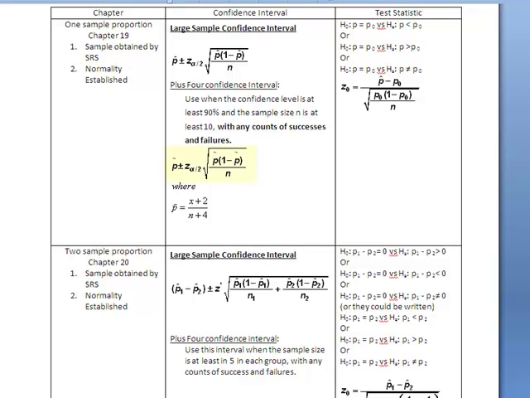And so we have our new statistic, p tilde, plus or minus the margin of error, which is our critical value times the standard error. And as you can see, the standard error contains our p tildes. The test statistic for our hypothesis test is just p hat minus p naught. In other words, the statistic minus the mean in the null hypothesis distribution, which is just p naught, divided by the standard error.